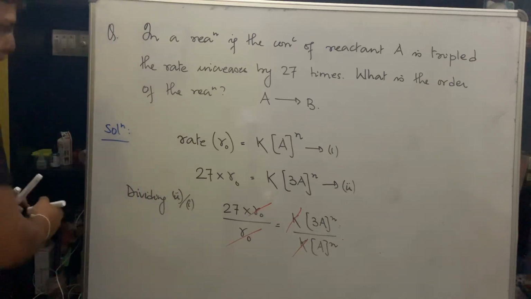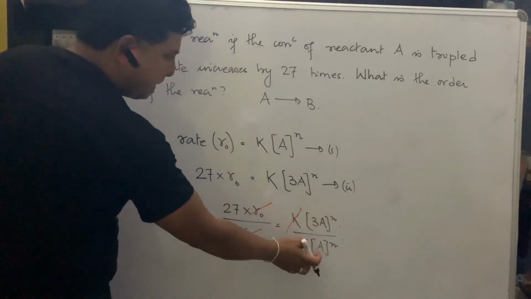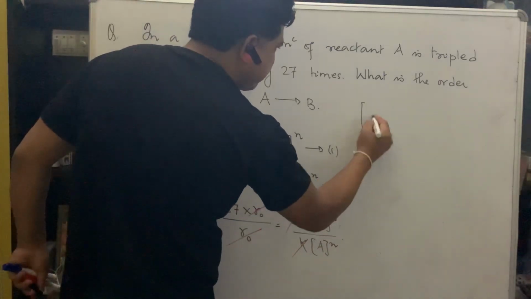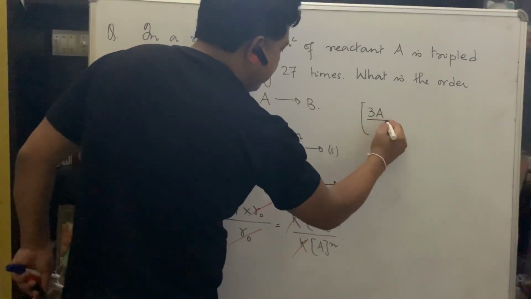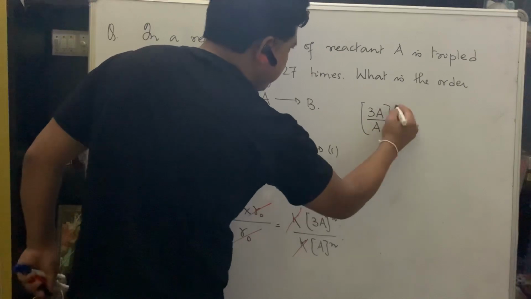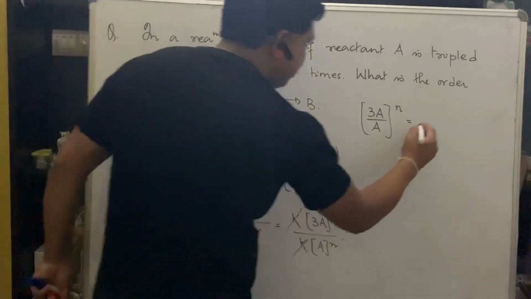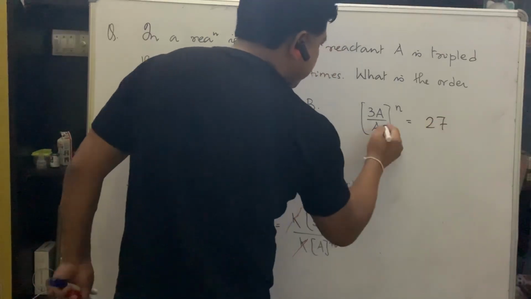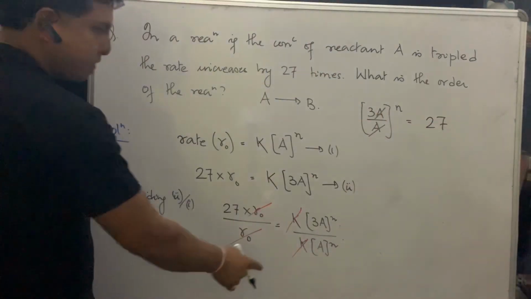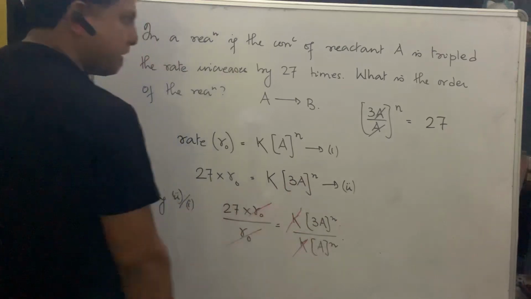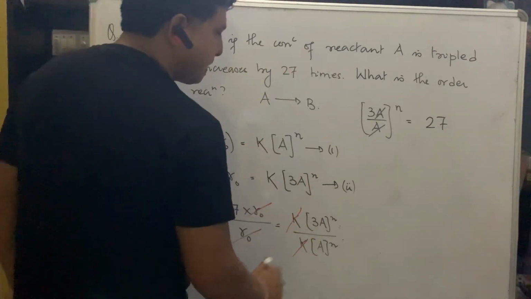So ultimately I have (3A) to the power N over A to the power N, which I can write as (3A by A) to the power N, since the powers are the same, equal to 27. Here A will also get cancelled.